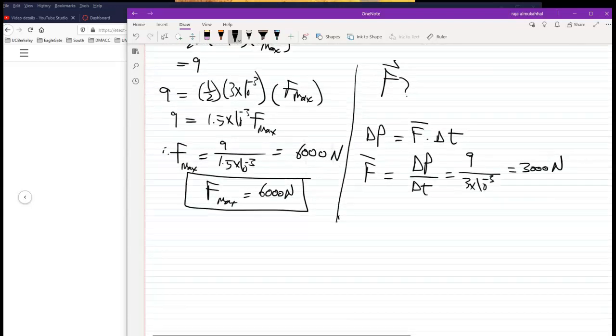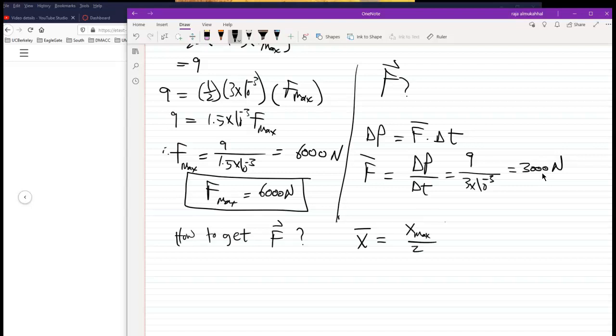Do you know another way to get the F average? Another way of doing it: it is generally acceptable to say any average value is equal to half the max. In general, just keep that rule in mind.